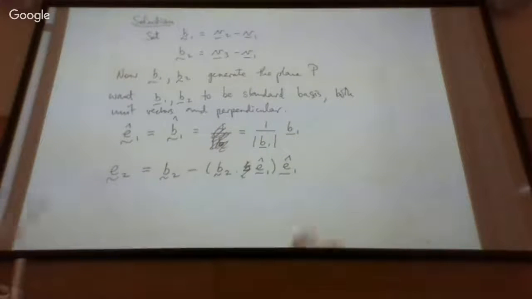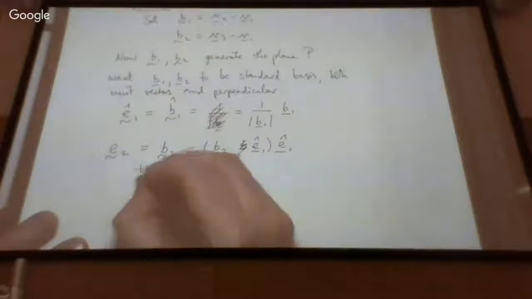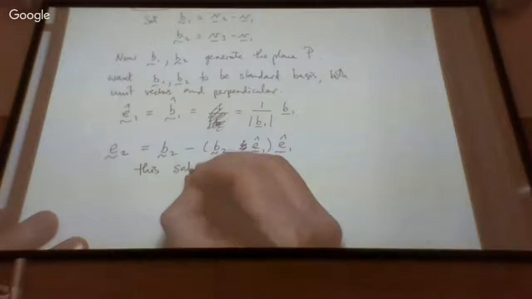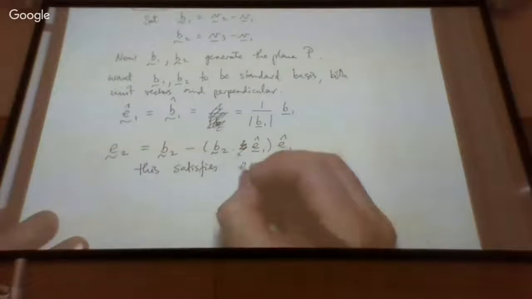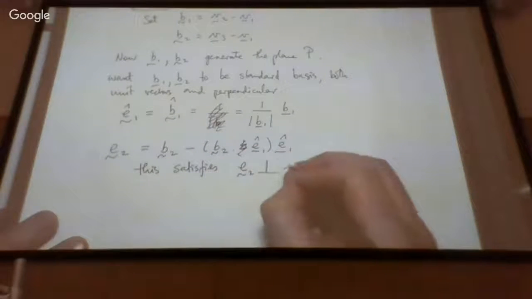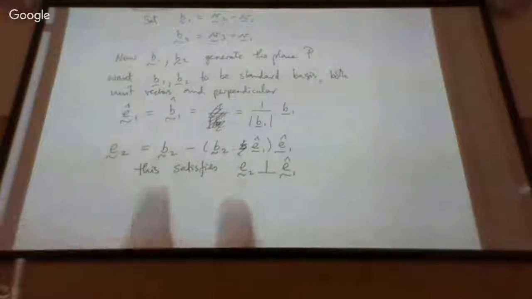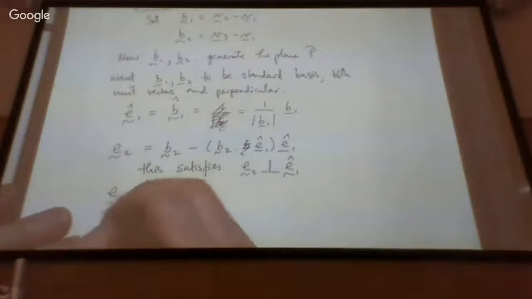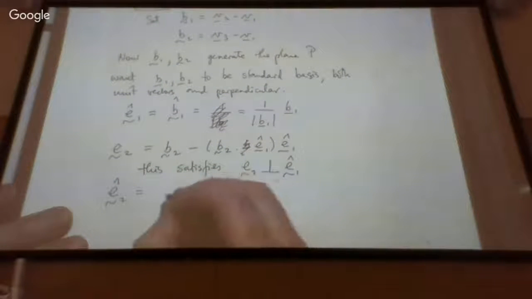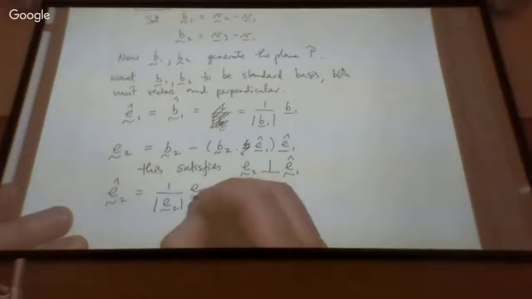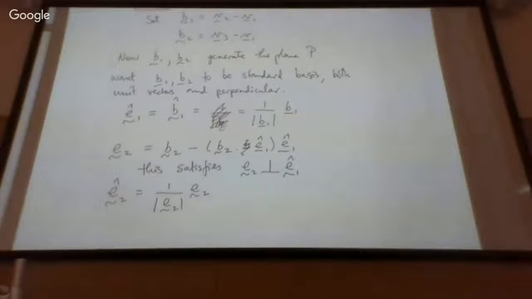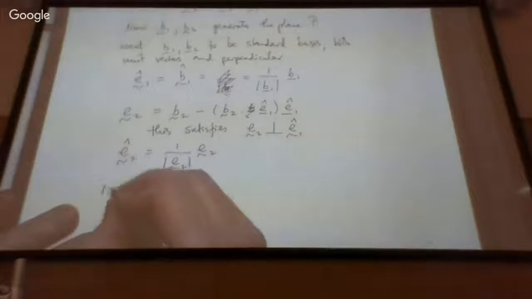Now this gives me a vector e2. e2 is perpendicular to e1 hat, but e2 is probably not a unit vector. So I now set e2 hat to be 1 over the norm of e2 times vector e2. So I make it into a unit vector. Now we have a nice basis.